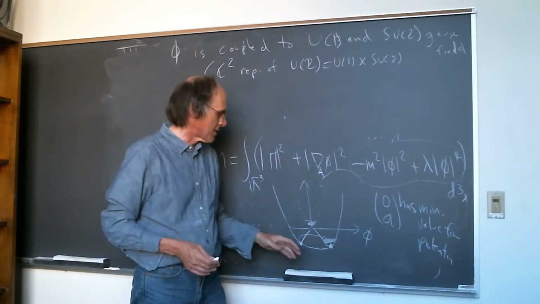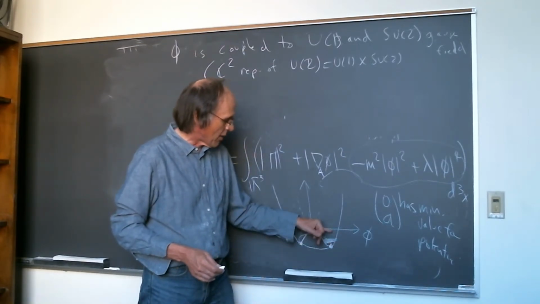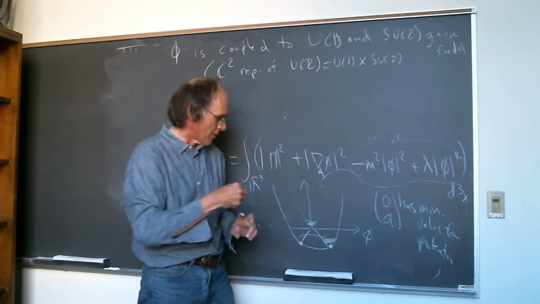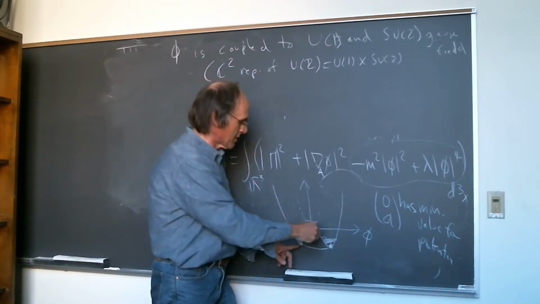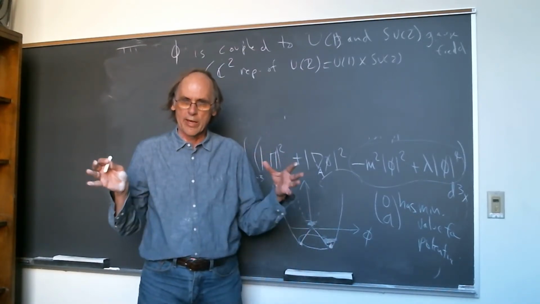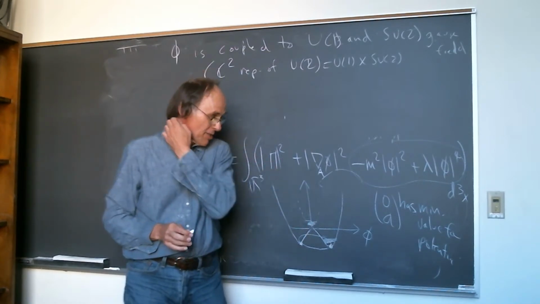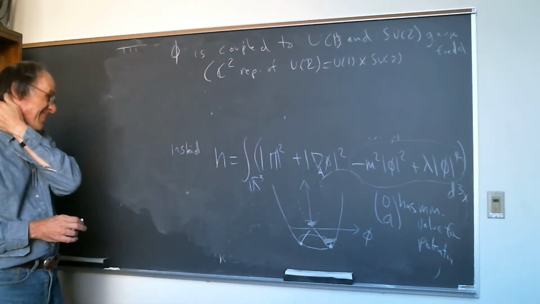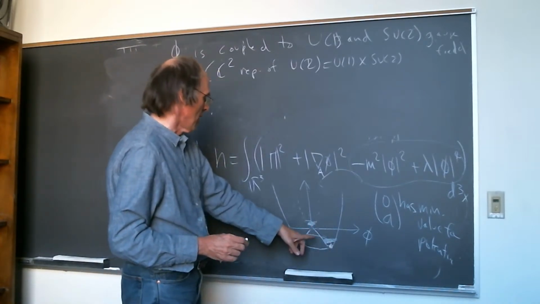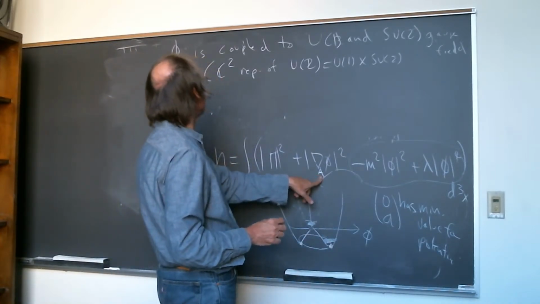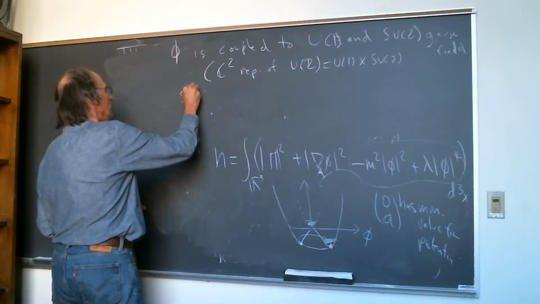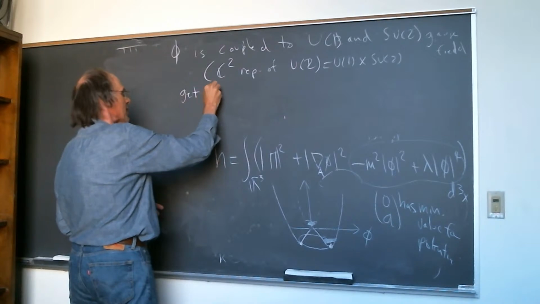So there'd be different kinds of oscillators: oscillators corresponding to a radial mode, and oscillators corresponding to the mode where you run around the bottom of the potential. That's what you would expect. But because of this, you get what's called the Higgs mechanism.